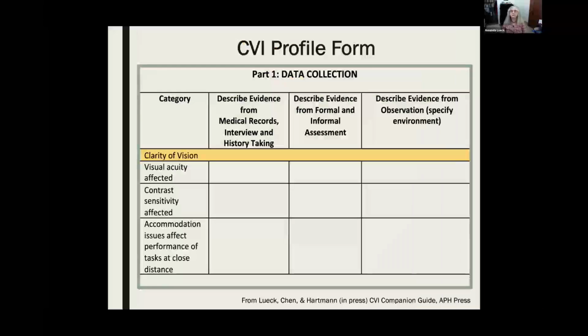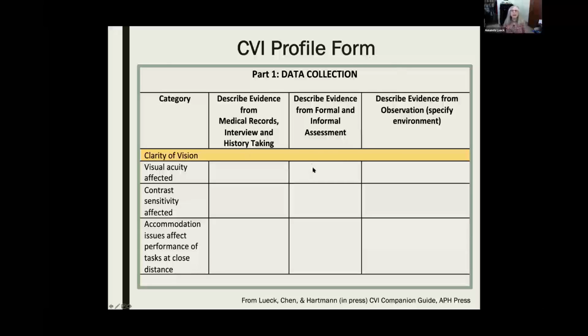Now, one thing that I want to emphasize, and I'm presenting this a little early and we'll be going through this later in more detail, is the data collection for evidence for these behaviors in the CVI profile. And we provide a CVI profile form, but I want you to notice the first row of this form.